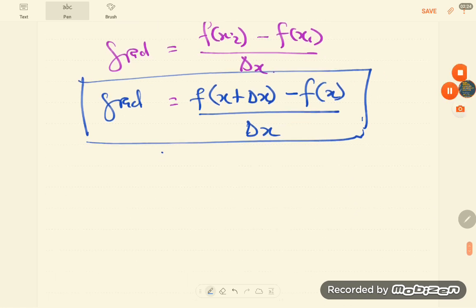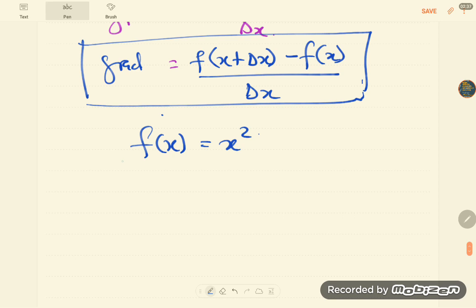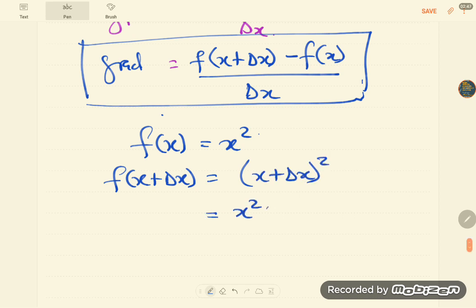Now, if we continue with this, we'll see that if we're given a function, for example, f of x equals x squared, then our f of x plus delta x is x plus delta x squared, which if we expand, we'll get x squared plus 2x delta x plus delta x squared.